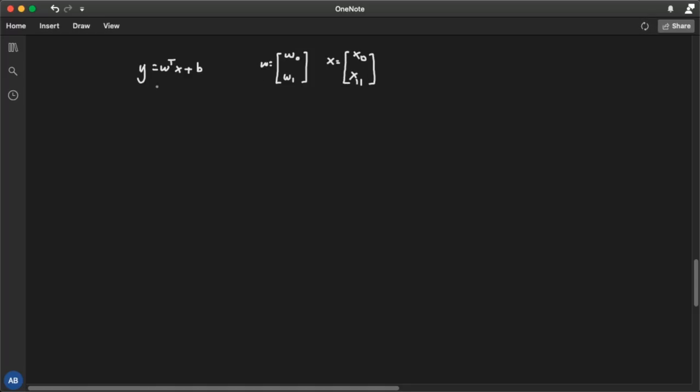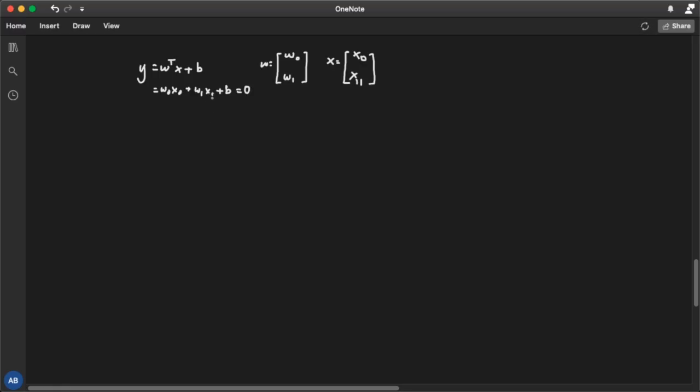I can express this as w0 x0 plus w1 x1 plus b, and at the decision boundary, this is 0.